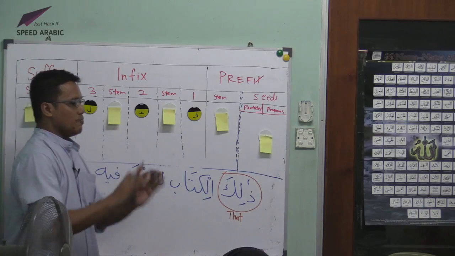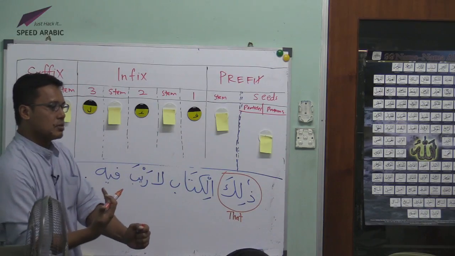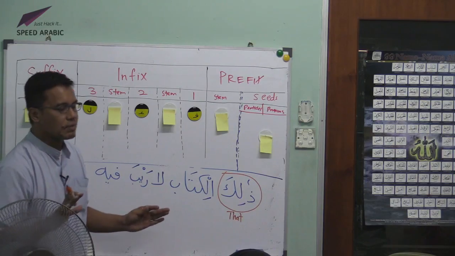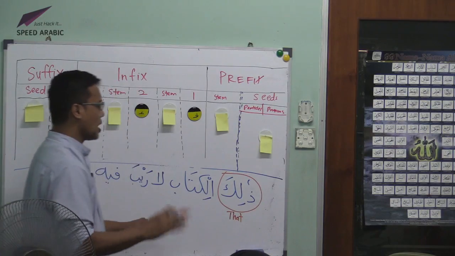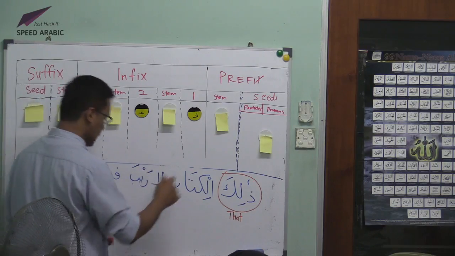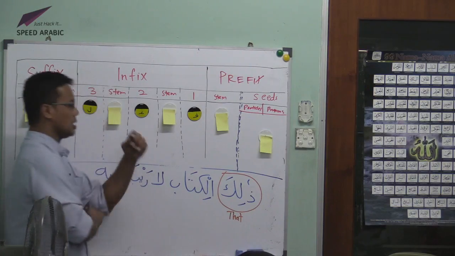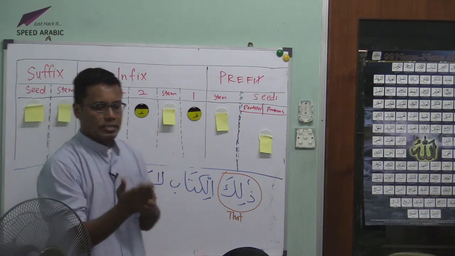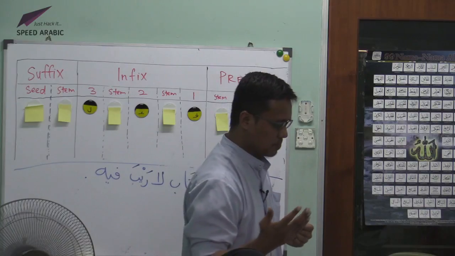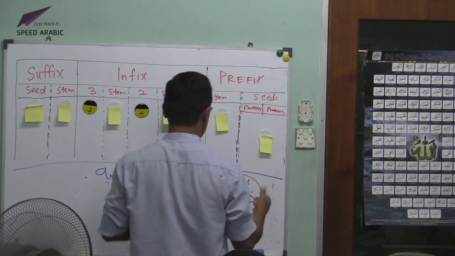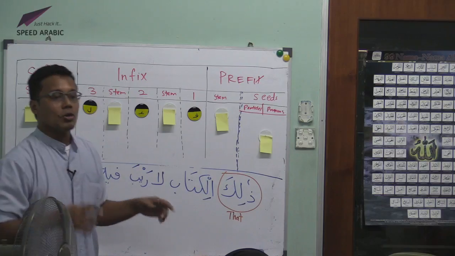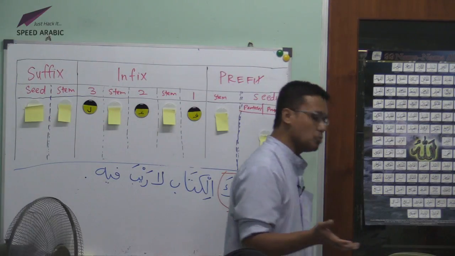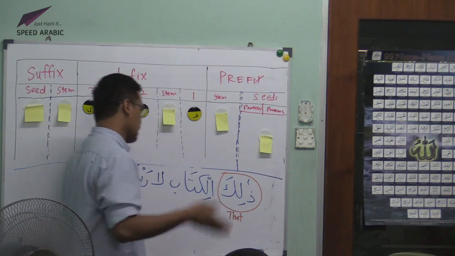For root stems, it will take longer: 7 steps. Now we go to the next one, Al-Kitab. Step 1: refer to seeds. Is there this word in the seeds? No, so go to step 2. Step 2 is to count the letters.